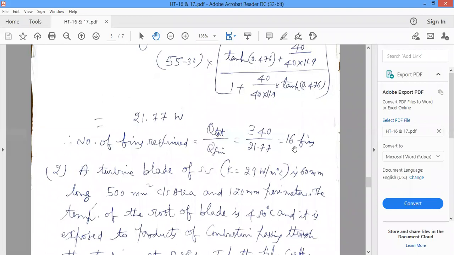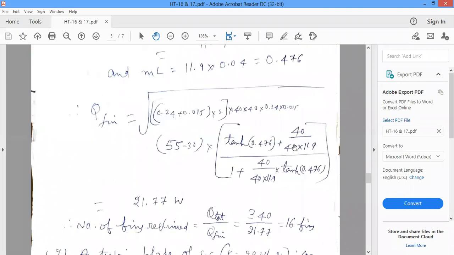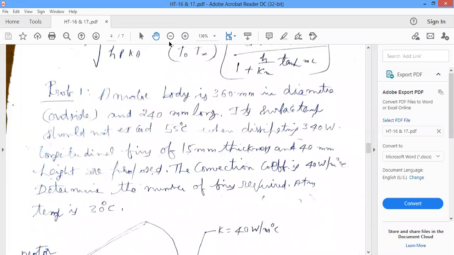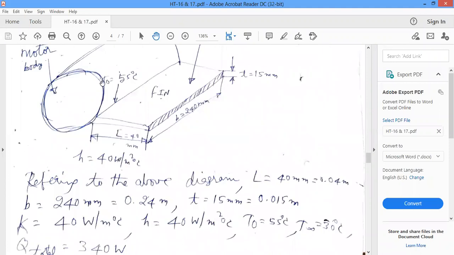How many fins are to be fixed or welded or machined on the surface of this motor body? This is fin 1, fin 2, fin 3, fin 4, fin 5, fin 6, fin 7, fin 8, like that up to 16 fins.